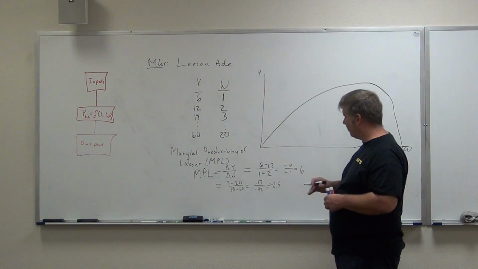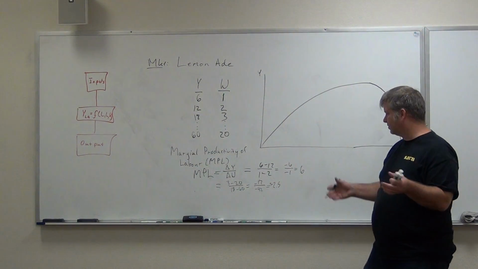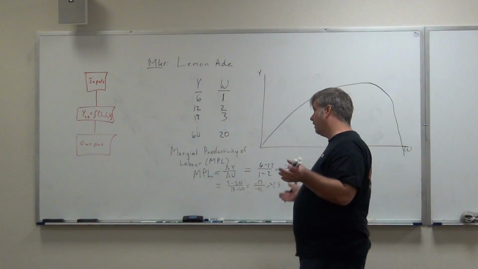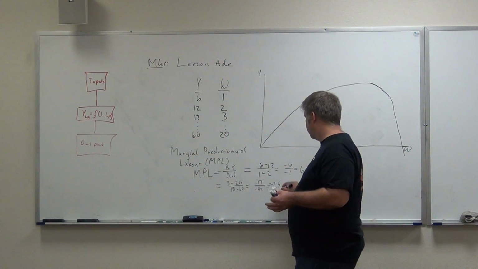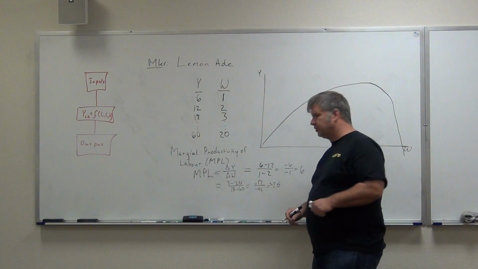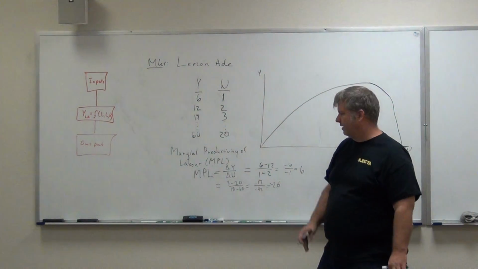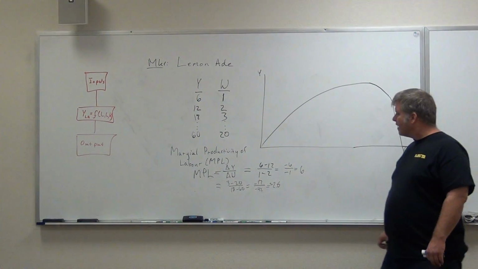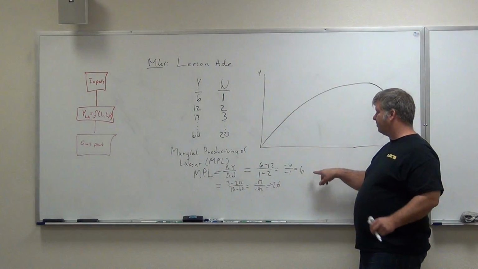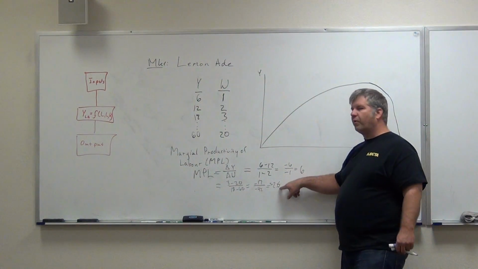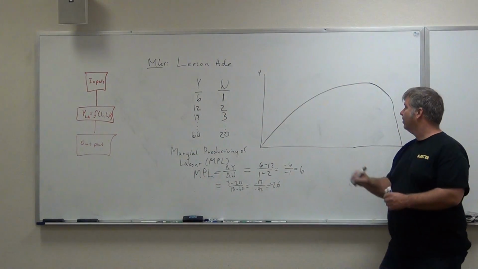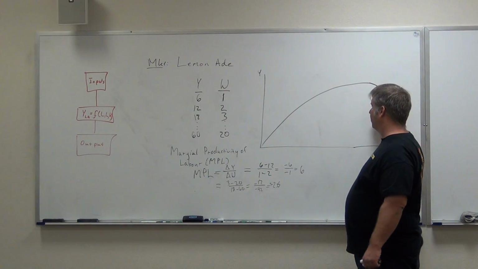Not really, but anyway, it's 17 over 42, so 34, 8 over 42, more like 2.25 estimate, right? You guys can solve it on your own with a calculator. And so we can see that productivity fell from 6 to 2.25 by adding people in. We ended up on that downward slope, right?